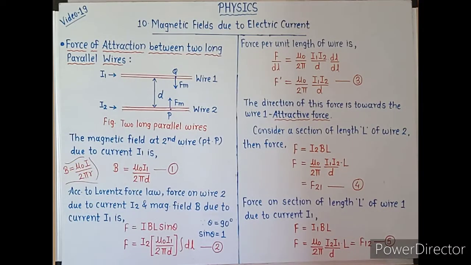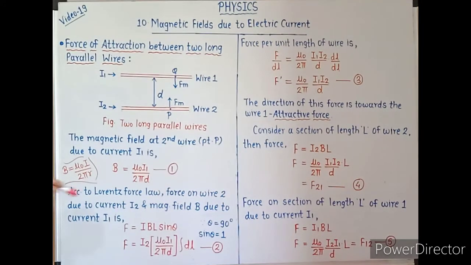Now we know that the Lorentz force law is given by the formula F is equal to I B L sin theta. So according to the Lorentz force law, the force on wire 2 due to current I2 and magnetic field B due to current I1 is given by F is equal to I B L sin theta.